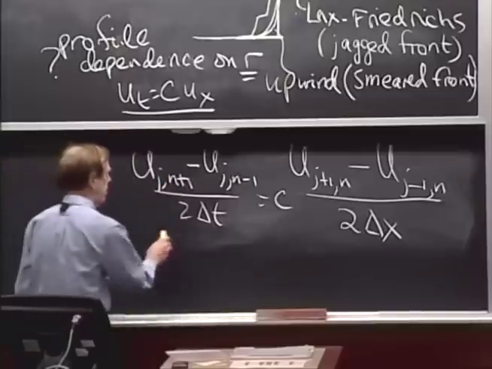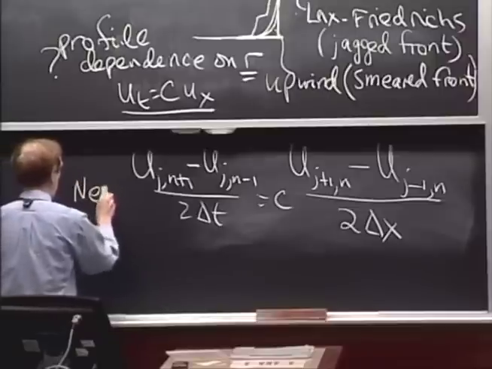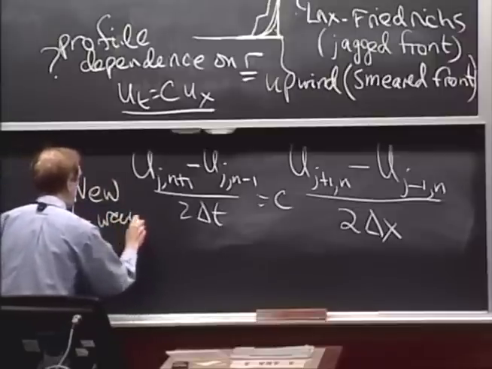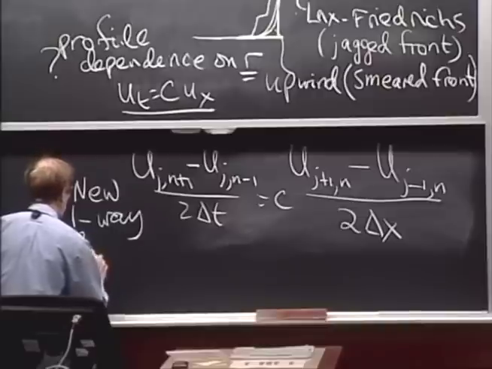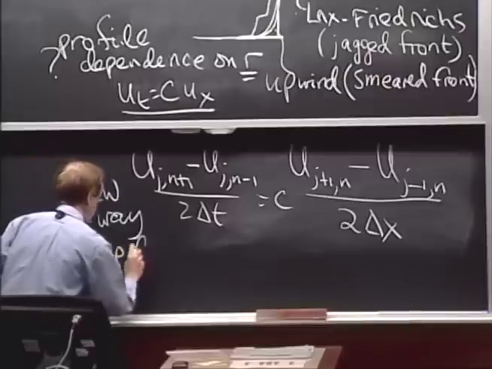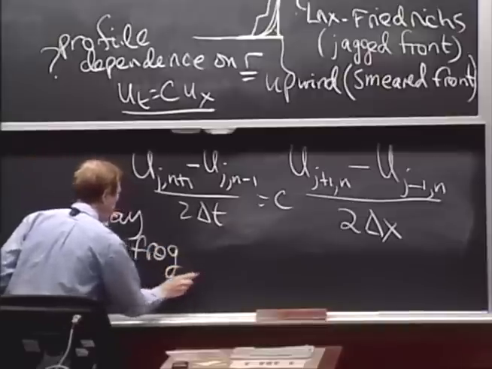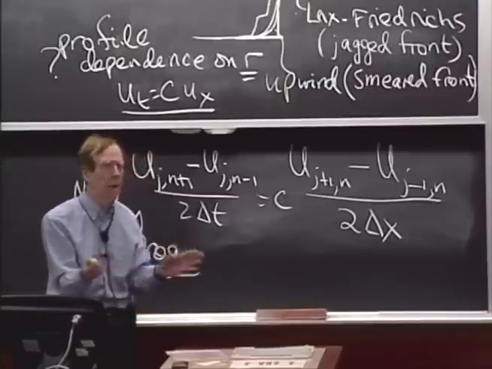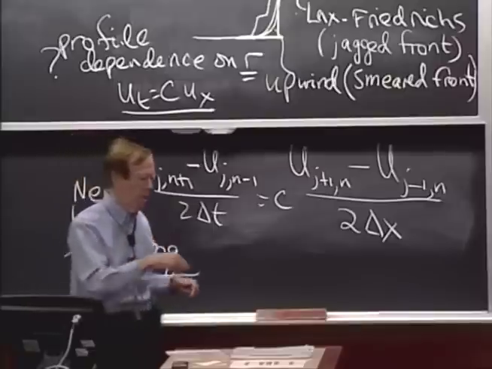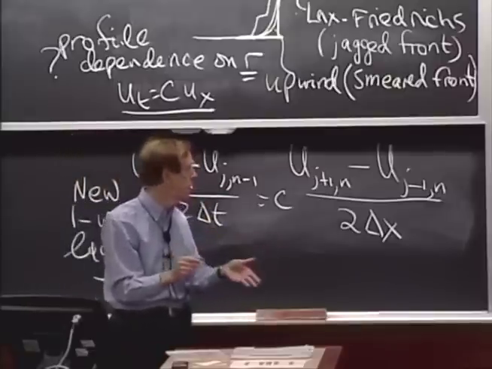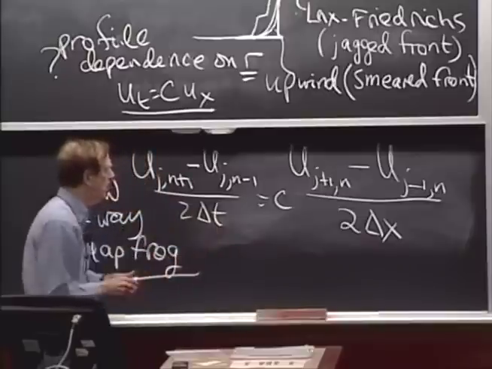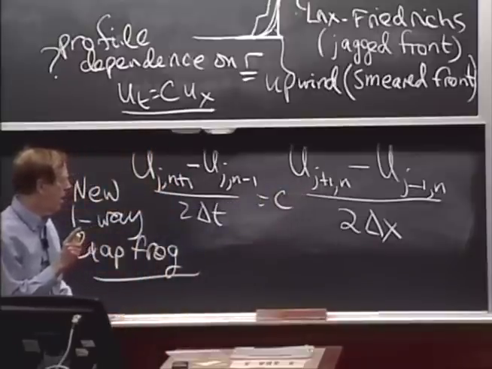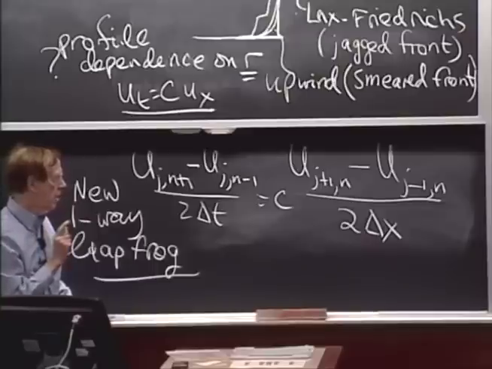And here I've introduced a new leapfrog, a one-way equation leapfrog, I'll call this, where the last lecture was about two-way leapfrog. Leapfrog for UTT equals C squared UXX, a two-way wave equation. I might just mention about this one-way leapfrog.